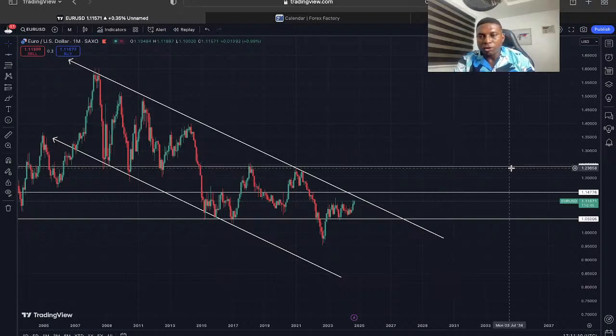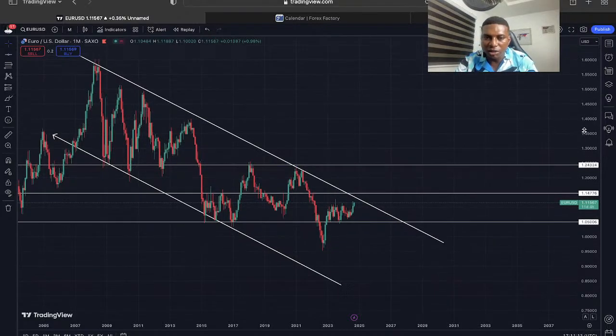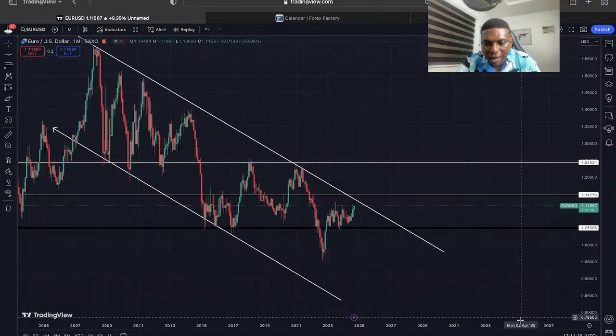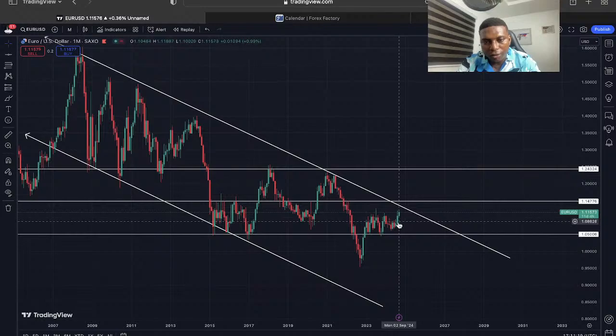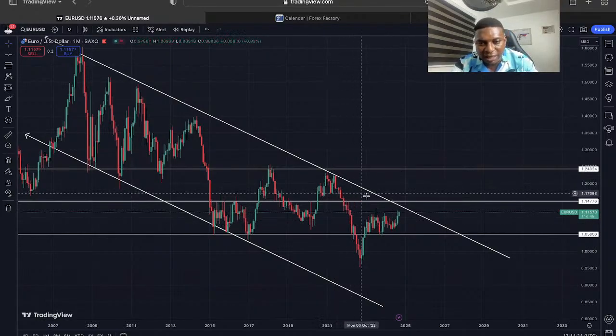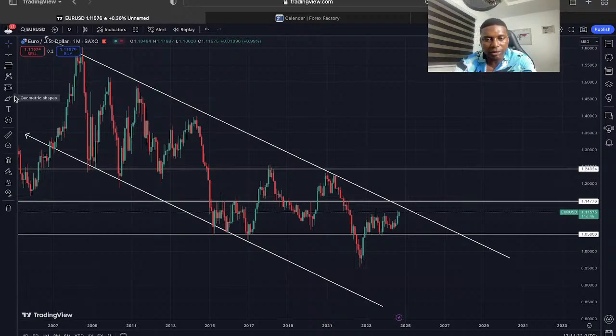All right. So when we look closely at what has happened in the past few months, we can see that there is a breakout going on from the previous consolidating market.